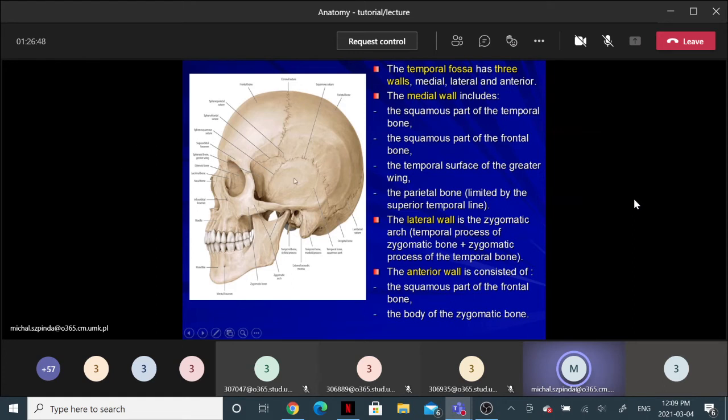Can we see here any foramina in constituents of the medial wall? We cannot see any here on the medial wall. No foramina on the medial wall. No foramina on the lateral wall.